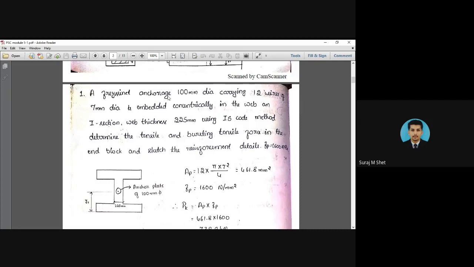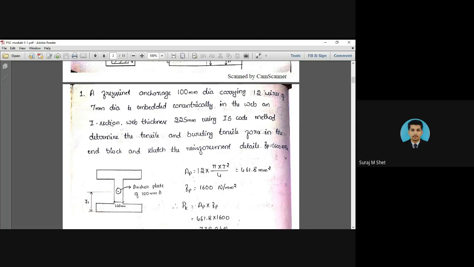A fence net anchorage system, 100 mm dia, carrying 12 wires of 7 mm dia, is embedded eccentrically in the web of an I section. So they're using an I section.